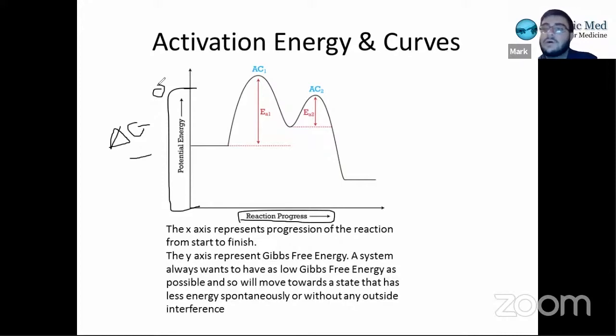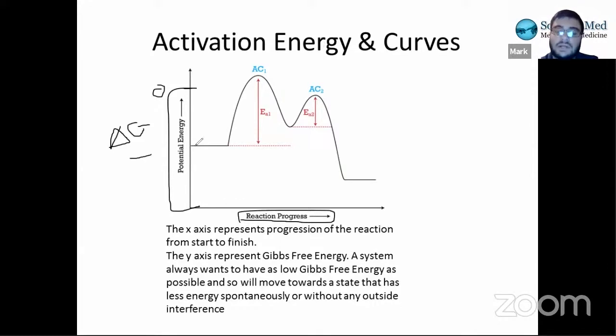So we want to have a more negative G value. Even with a positive G value, we really don't want a high positive delta G value. We want to have as low a G value as possible. So the system always wants to have as low Gibbs free energy as possible, and so we'll move towards a state that has less energy spontaneously or without outside interference, like we mentioned in our thermodynamics lecture, right?